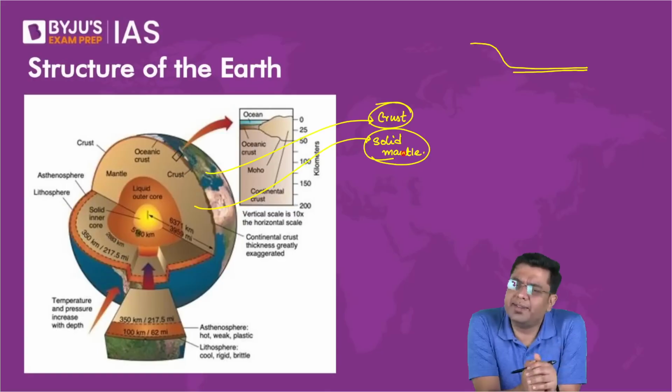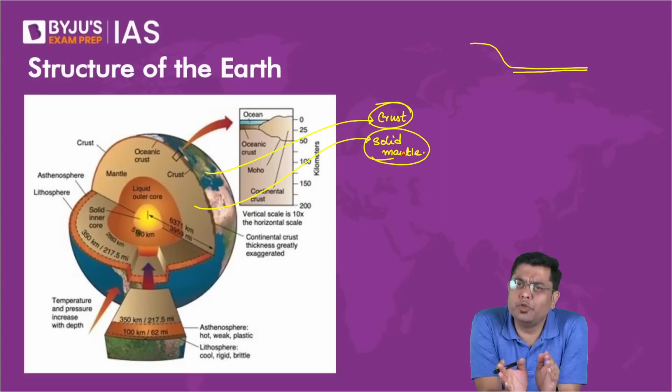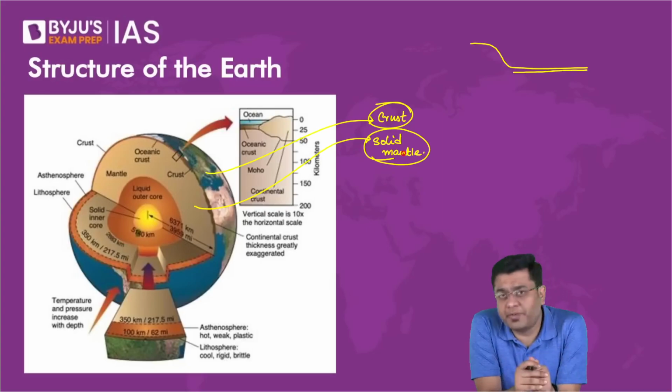Now, this mantle is in a solid state, barring an exception. So, in the portion of mantle slightly below the upper solid mantle, you have a weaker layer of a semi-solid, semi-plastic state of mantle, right? At a depth of roughly around 160 to 200 to 300 kilometers from the surface.